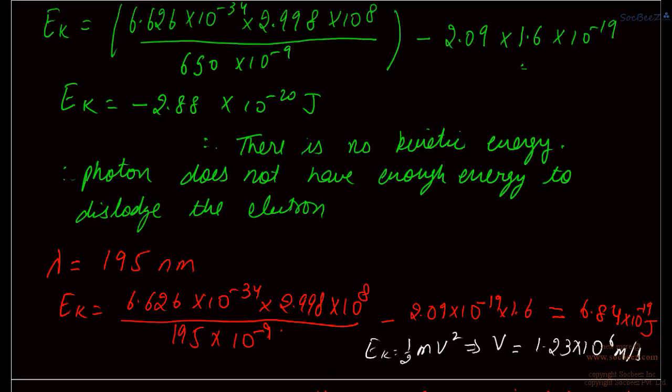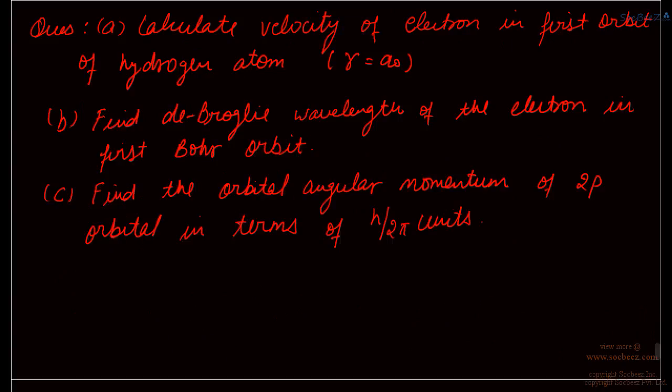Just remember that in the first case, since kinetic energy has come out to be negative, there is no kinetic energy, hence there is no velocity. It is not that you come up with the value of kinetic energy as negative and then calculate the value of velocity by taking its magnitude. Please do not do that.